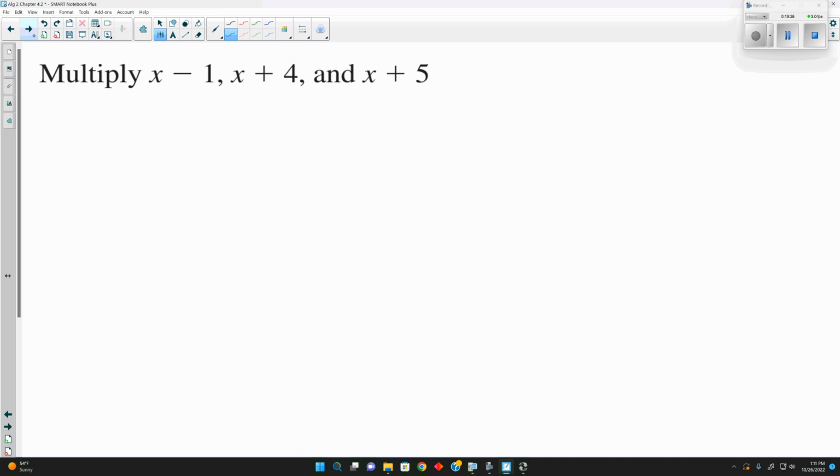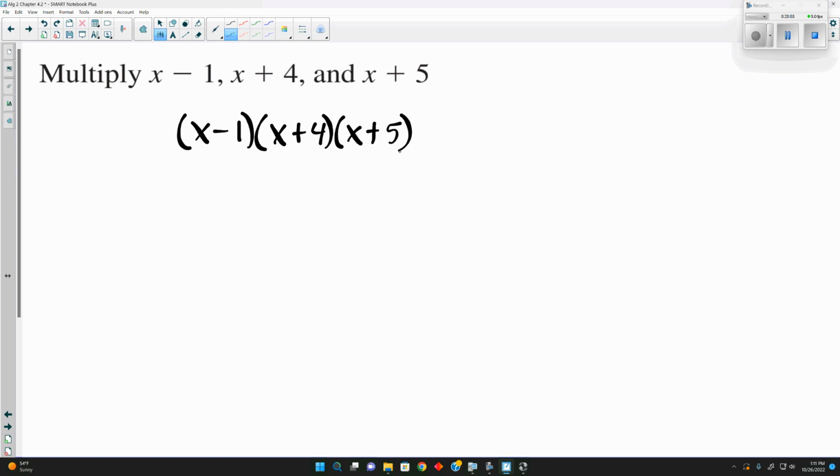We'll do one more. We'll do one of these here. I have 2 on the note sheets. We're just going to do one of them. Now, when we multiply these 3 expressions here, it's not really any harder than what we've already done. The first thing we have to do is pick 2 of them and multiply them together.